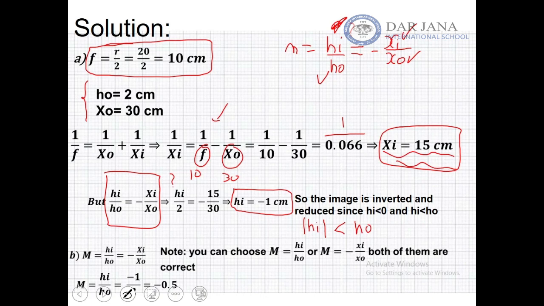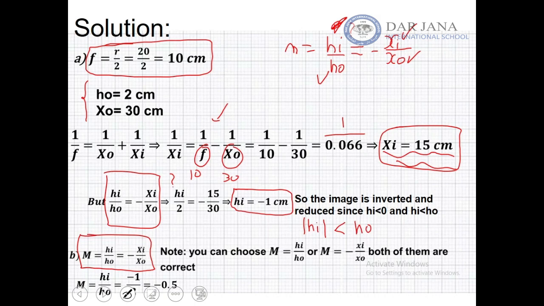Part B, we need to find the magnification. In order to find the magnification, here we have the relation. Now hi is given, ho is given, xi is given, and xo is also given. So we can use the first one, which is m equals hi over ho, or we can use m equals negative xi over xo. It doesn't matter.